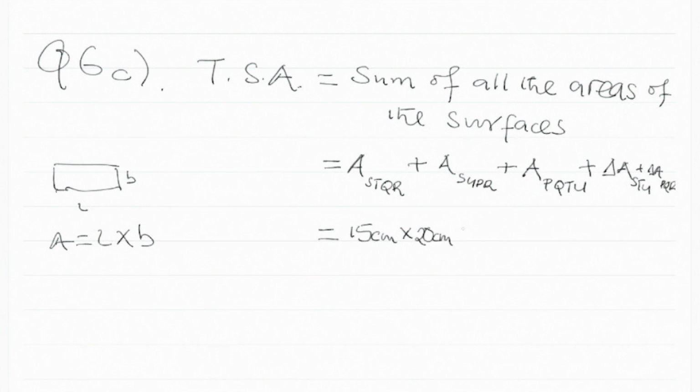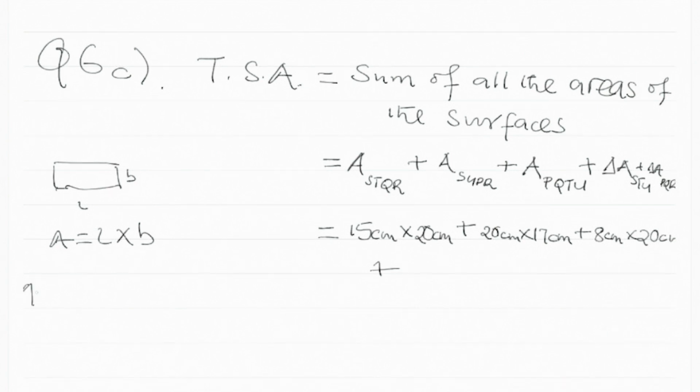Plus the second one, which is rectangle SUPR, has the length of 20 centimeter times the breadth of 17 centimeter, plus the next rectangle, PQTU, which has a length of 8 centimeter times 20 centimeter, which is TQ, because from the diagram you can see that TQ is equal to SR.